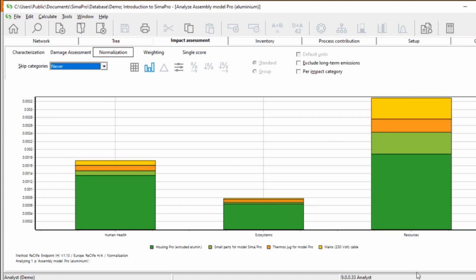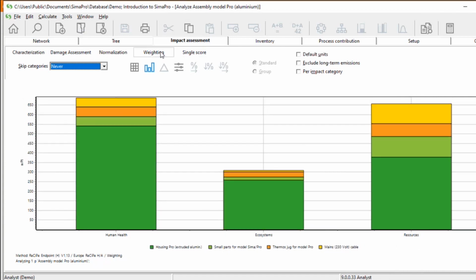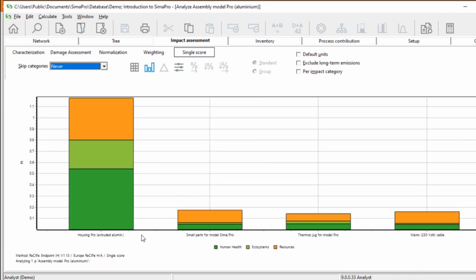These are given here, and the relative contribution on human health, ecosystem, and resources are given here. You can see the weighting, and for a detailed description of those things you are requested to go through the introduction of the SimaPro tutorial, which is the theory of SimaPro, where you can get all those definitions. And this is the single score impact assessment.